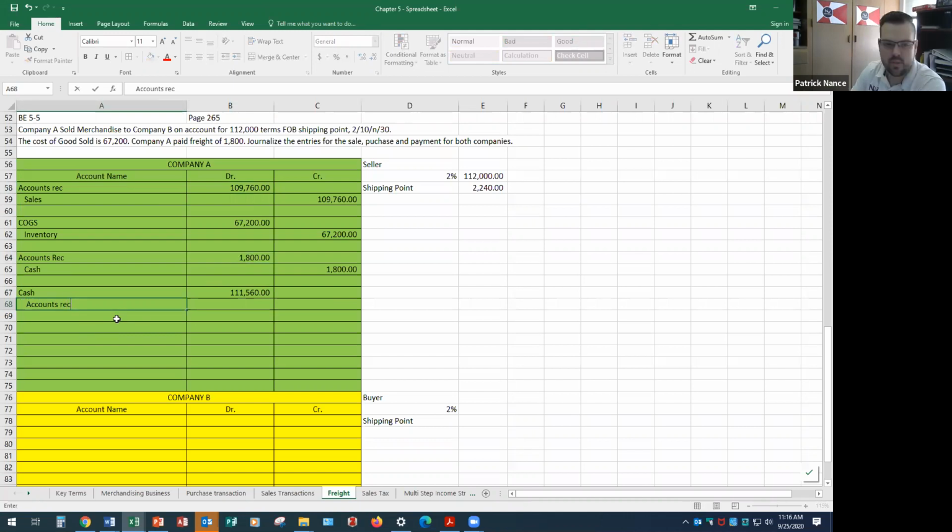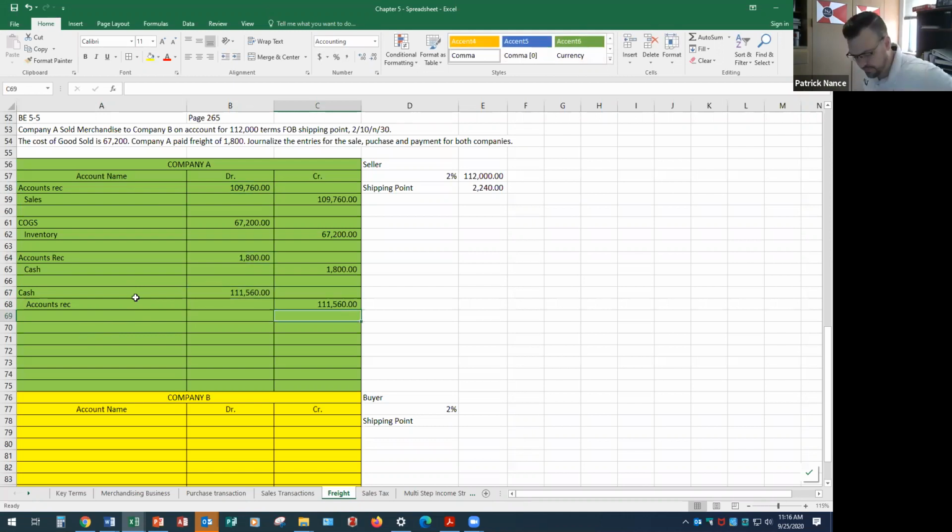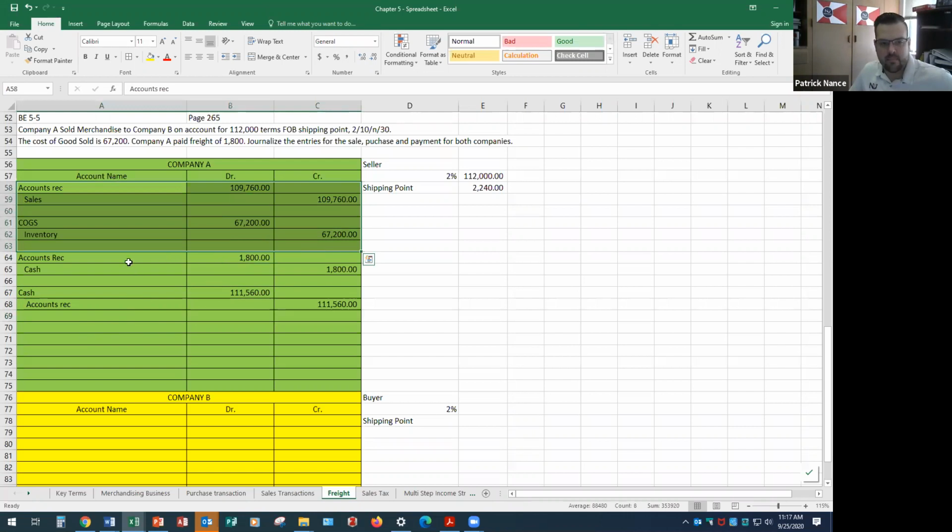So I need to reduce my accounts receivable by the same amount, 111,560. That is the whole transaction only for Company A, the seller: FOB shipping point, 2% discount, receiving the sale, Company A paying for freight and asking Company B to reimburse, and then the payment itself.